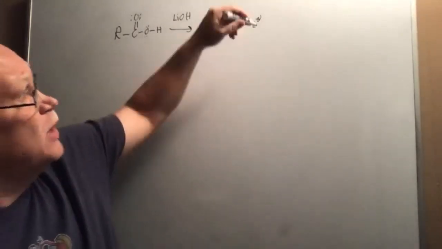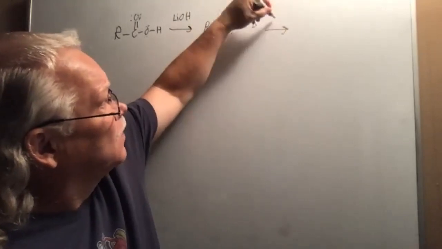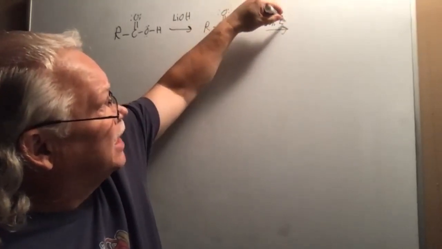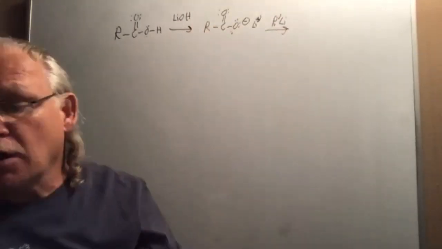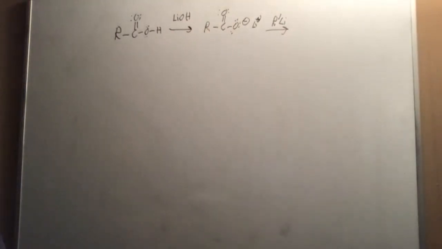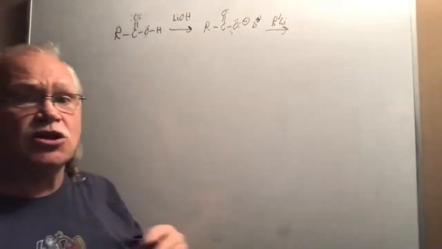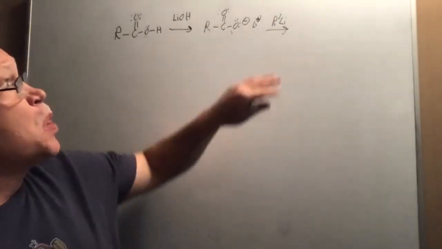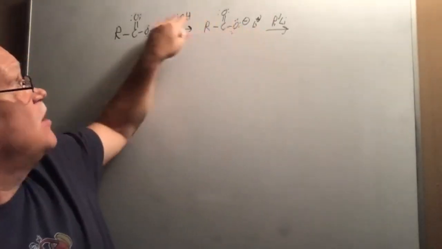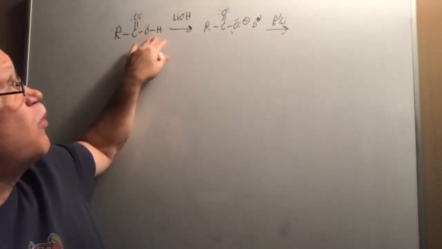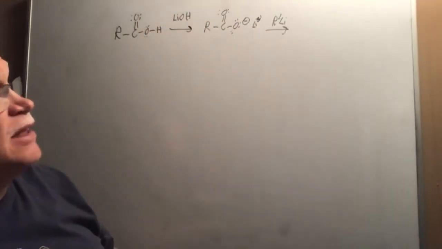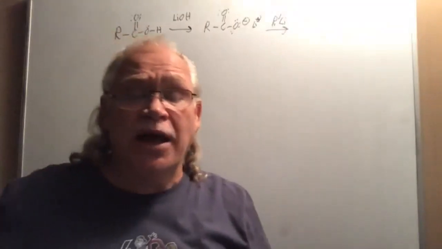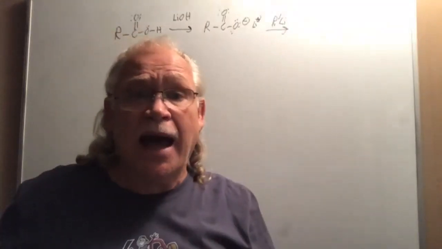Now we're going to treat that with a lithium reagent. We're going to use a lithium reagent here instead of a Grignard reagent because lithium reagents react better with carboxylic acids. The reason we had to deprotonate this carboxylic acid is, remember, lithium reagents are destroyed by acidic hydrogens.